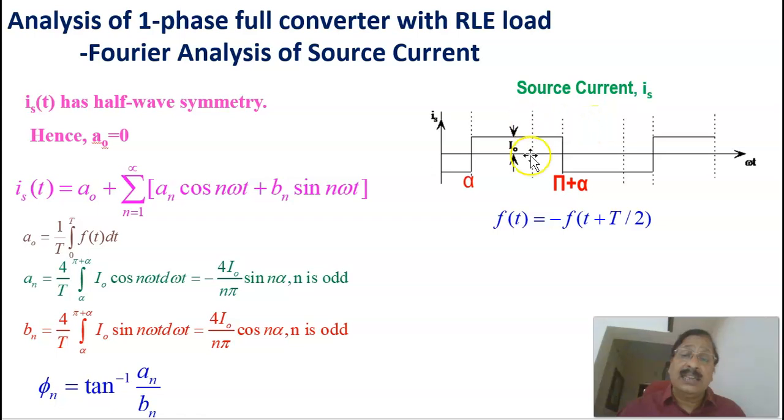If it has half-wave symmetry, then a0 will be equal to 0. The equation for a0 is this one, but with half-wave symmetry a0 will become 0.